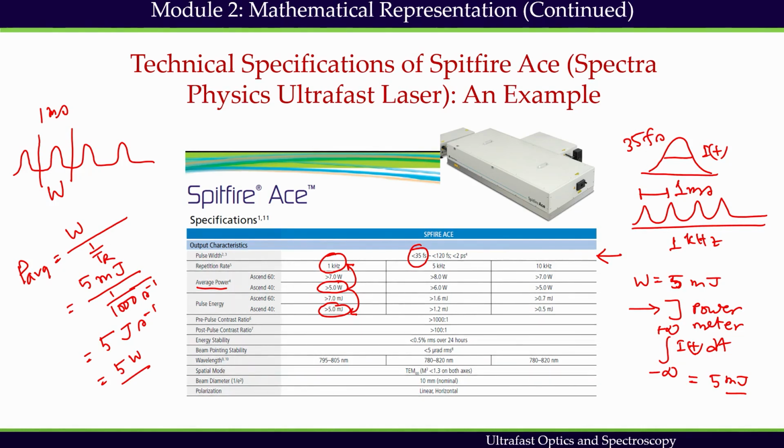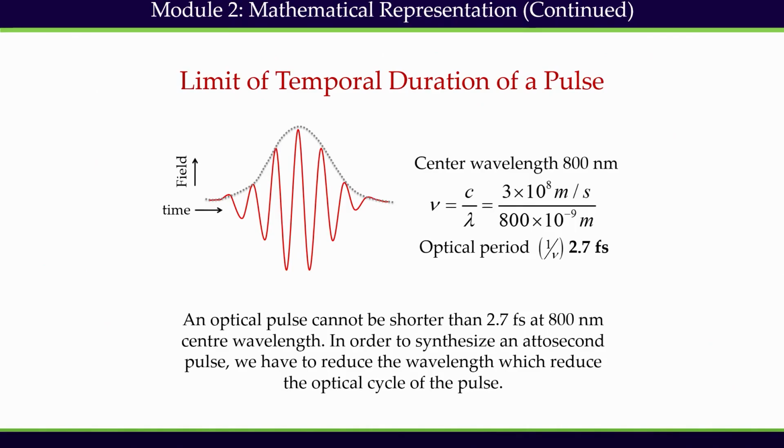Whatever we have seen so far is that a Spectra-Physics Spitfire can produce a pulse as short as 35 femtosecond. Many other systems can be manufactured by Coherent, KM Labs and many other vendors. There are many vendors available right now, and they can also produce similarly short pulses.